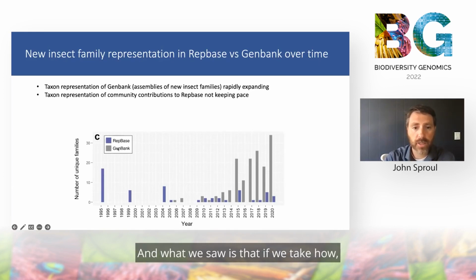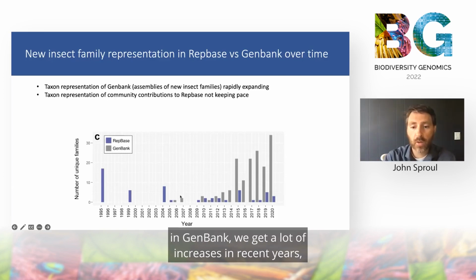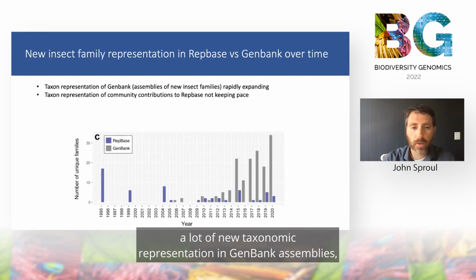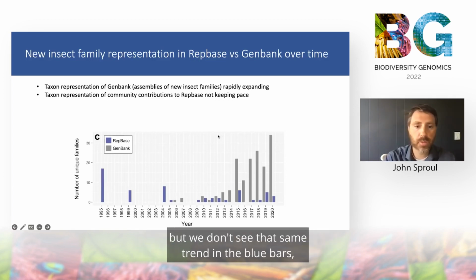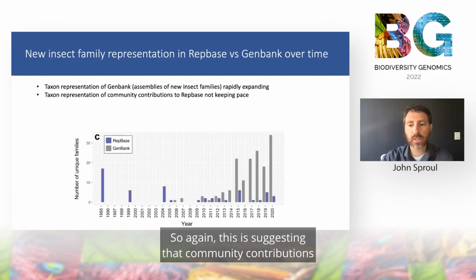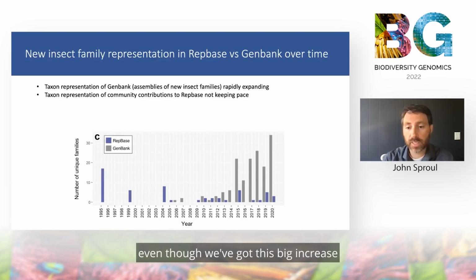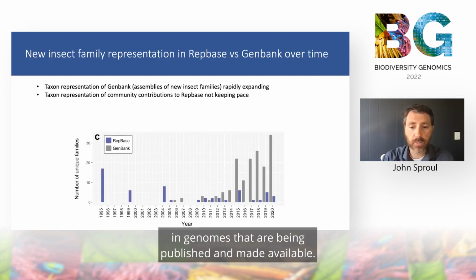And what we saw is that if we take GenBank submissions, new assemblies belonging to previously unrepresented insect families in GenBank, we get a lot of increases in recent years, a lot of new taxonomic representation in GenBank assemblies, but we don't see that same trend in the blue bars, which is new taxonomic representation of insect families in Repbase. So again, this is suggesting that community contributions are not keeping pace, even though we've got this big increase in genomes that are being published and made available.